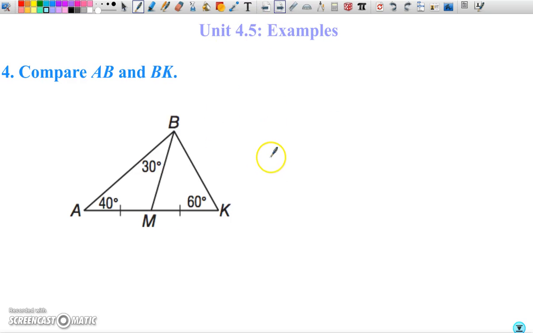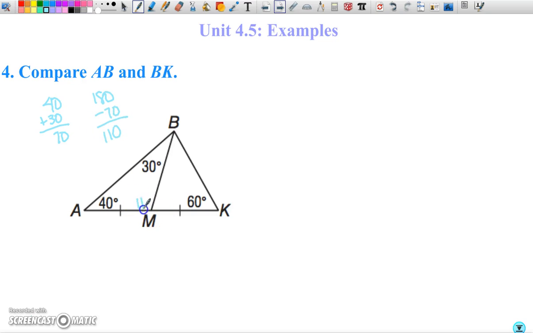All right, so now we're going to work within 2 triangles and comparing 2 different segments within these triangles. So you see triangle ABM over here and BMK over here. And these are not congruent triangles. You know, if we wanted to, we could take 40 and add 30 to it, which is 70. We can take 180 and subtract 70, which gives us 110.